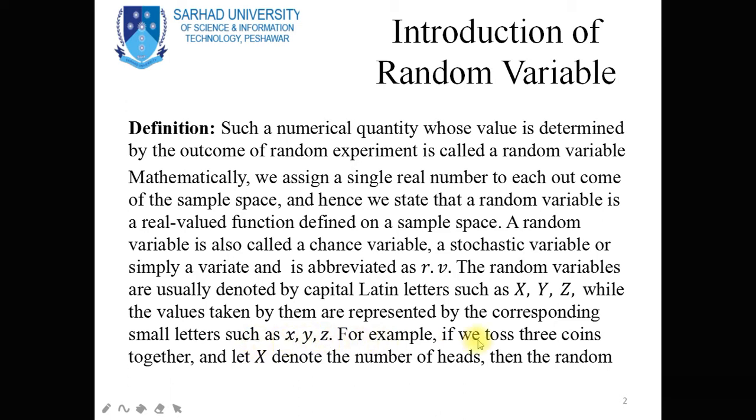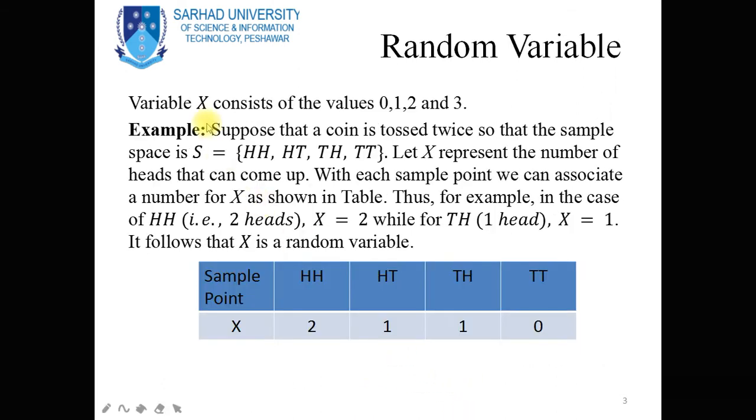For example, if you toss three coins together and let capital X denote the number of heads, then the random variable X consists of the values 0, 1, 2, and 3.